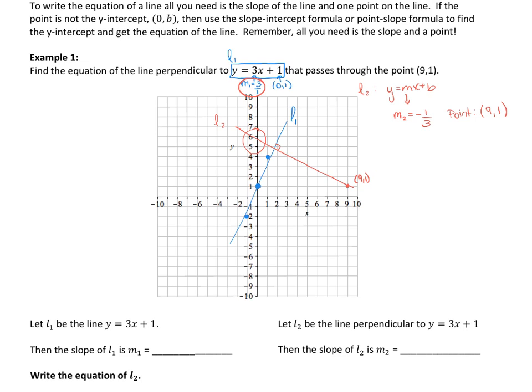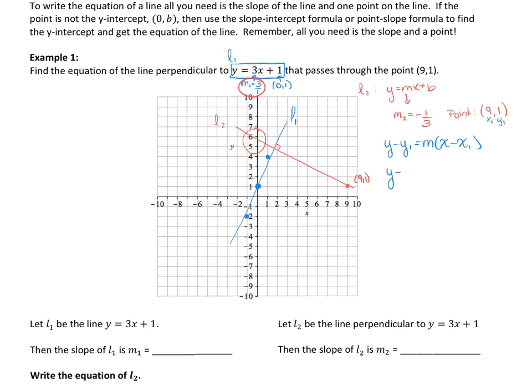I'm going to use the point-slope formula: y minus y sub 1 equals m times the quantity x minus x sub 1. Here 9 is x sub 1 and 1 is y sub 1. Let's substitute everything into this formula.